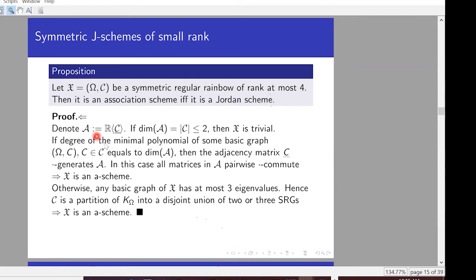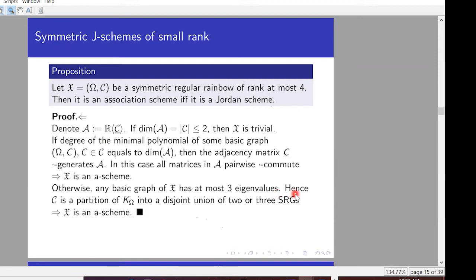Now, what happens if any basic graph has a minimal polynomial of degree which is strictly less than the dimension? So that means it has degree at most 3. So any basic graph, and I remember it's regular, has at most 3 eigenvalues, so it's a strongly regular graph.